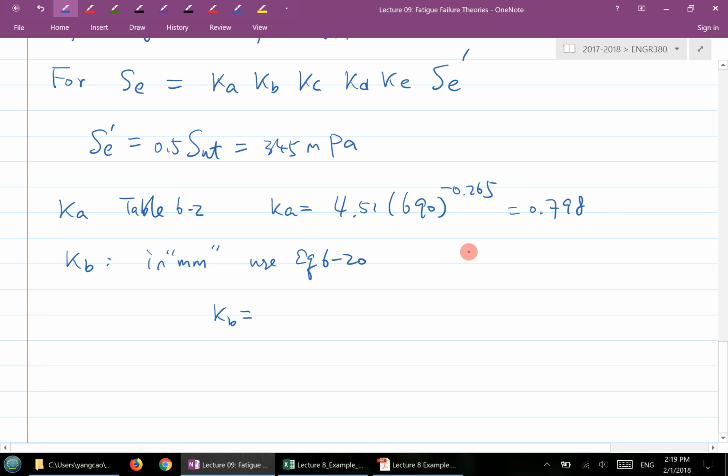Here our diameter is d equal to 32 millimeters. You use the smaller diameter because there is a step shoulder. So use the smaller 32 millimeters for the calculation, and that equals (32 over 7.62) to the power of negative 0.107, which is 0.858. So this is the size factor Kb.